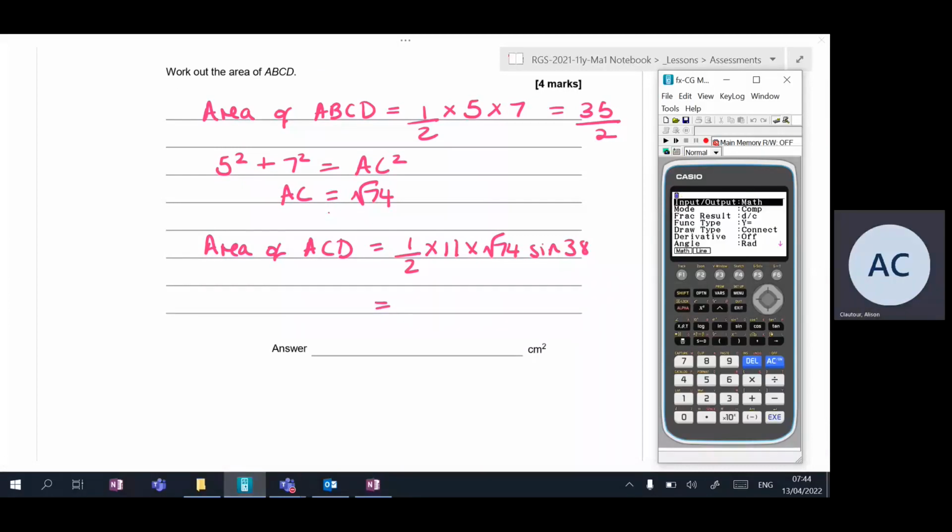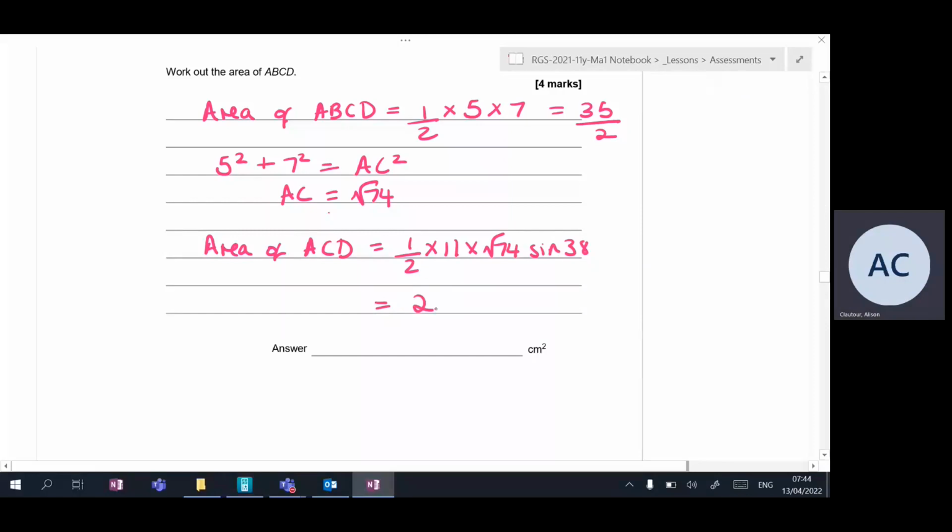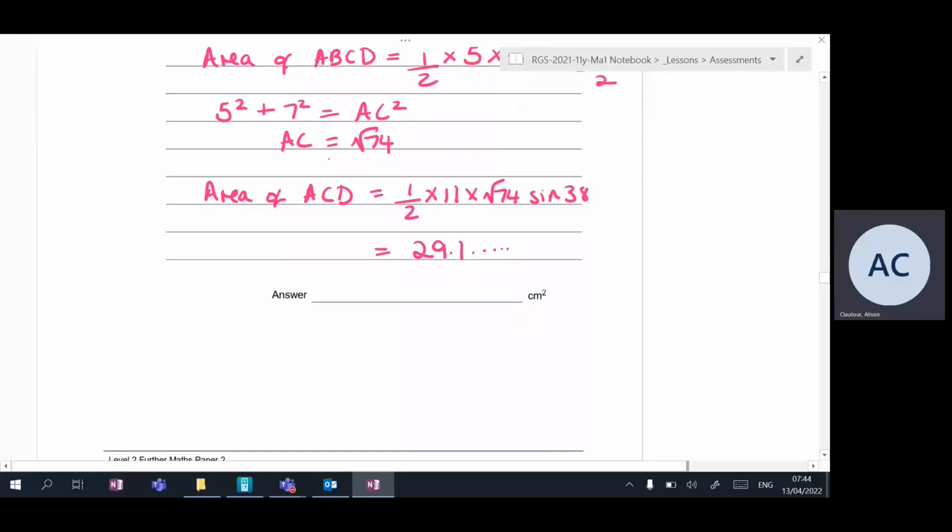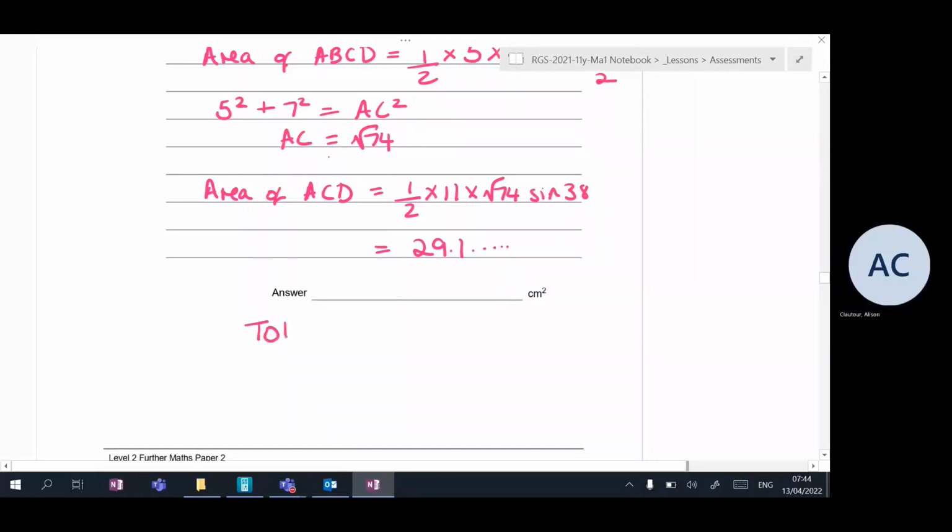So I'm just going to check my calculator is in degrees, which it is not. Okay, so we're in half, 11, root 74, and sine 38. Okay, so it gives me 29.1. Okay, and if I add those together, I've got my 35 over 2, add my last answer.